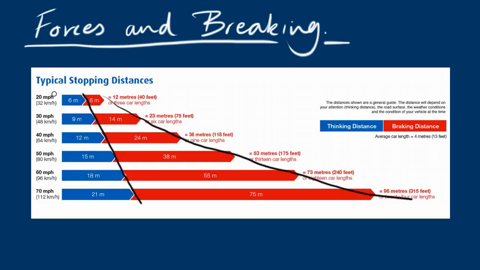So now if we double speed, we more than double braking distance. If we go from 20 miles per hour to 40 miles per hour, we go from 6 meters to 24 meters. In fact, in this case, if we double speed, we quadruple the braking distance.